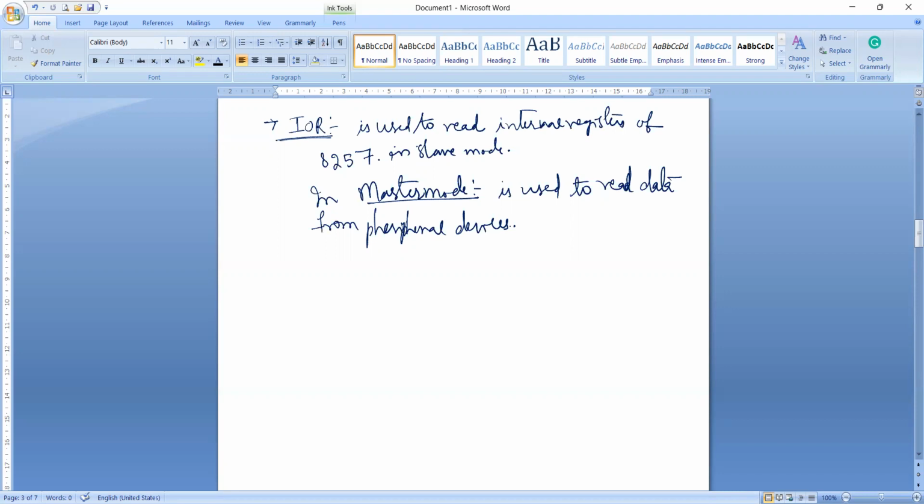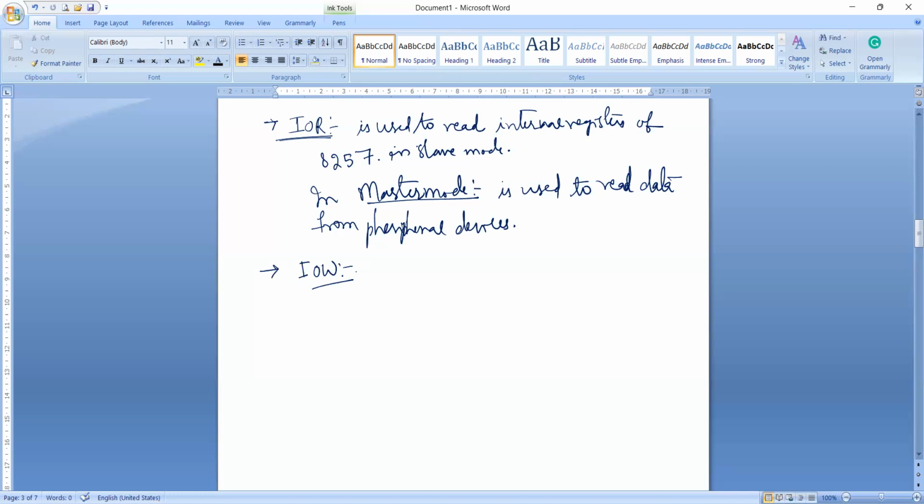And next one is IOW, to write the data. It is also an active low bidirectional input output signal, which is used to load the contents of the data bus to the 8-bit mode register, or the lower or upper byte of the 16-bit DMA address register, or the terminal count register.